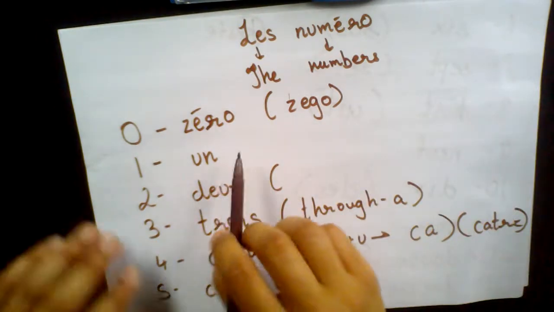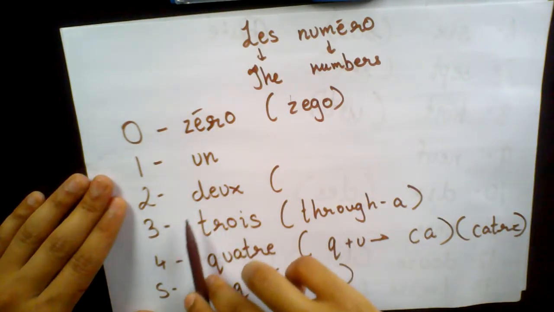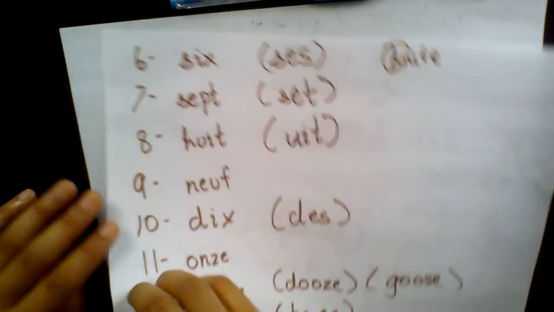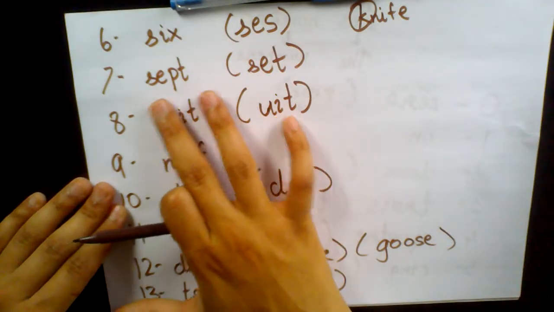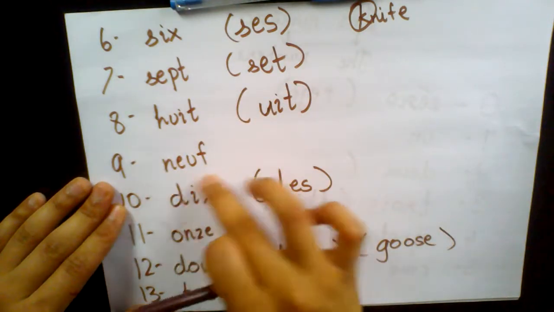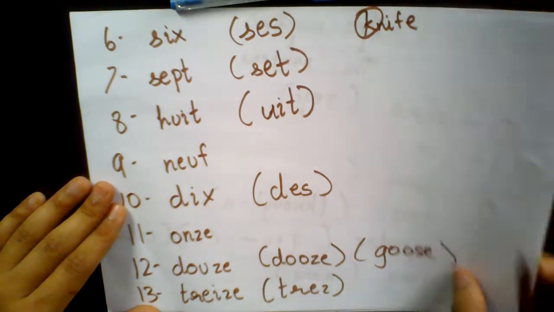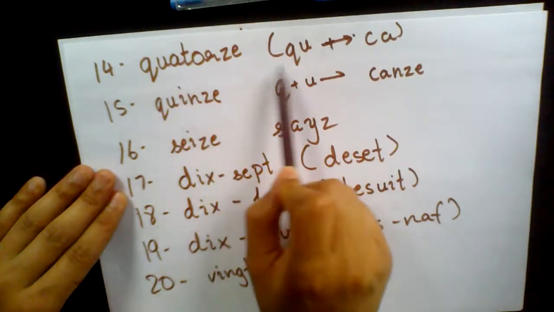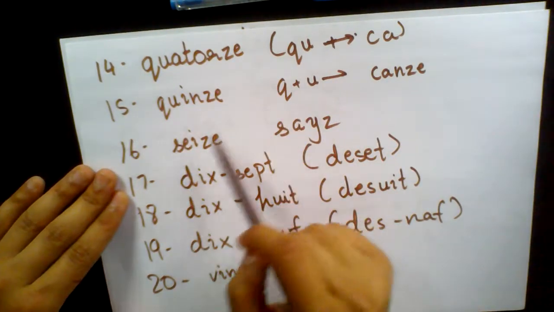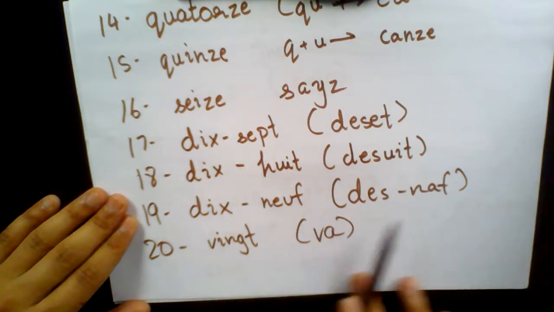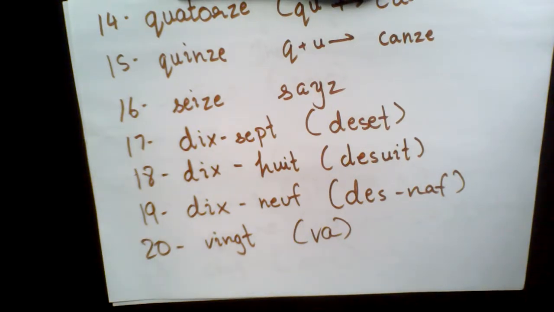You start with the zéro, then you have un, deux, trois, quatre, cinq, six, sept, huit, neuf, dix, onze, douze, treize, quatorze, quinze, seize, dix-sept, dix-huit, dix-neuf, vingt. I hope it is clear, the numbers in French from 1 to 20.